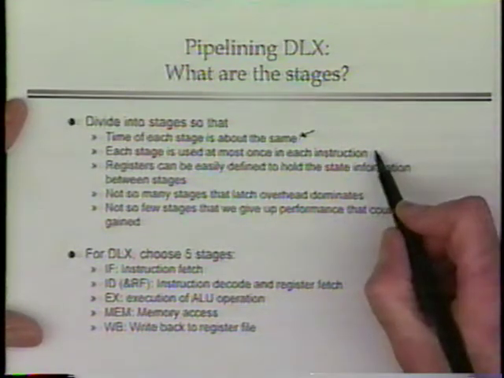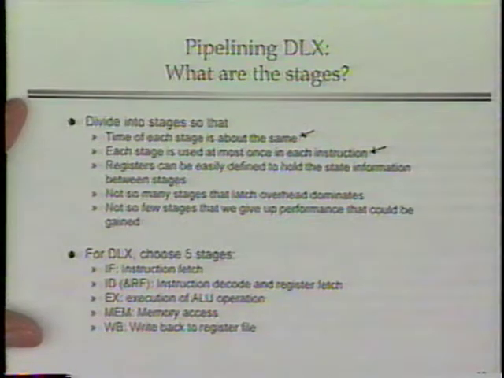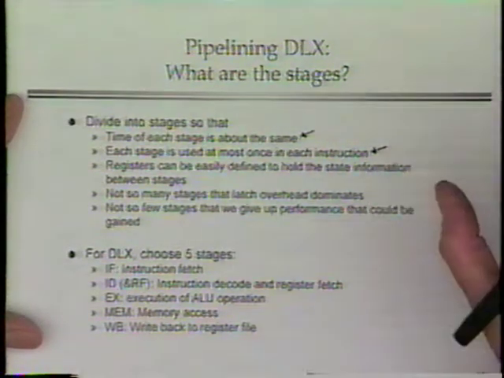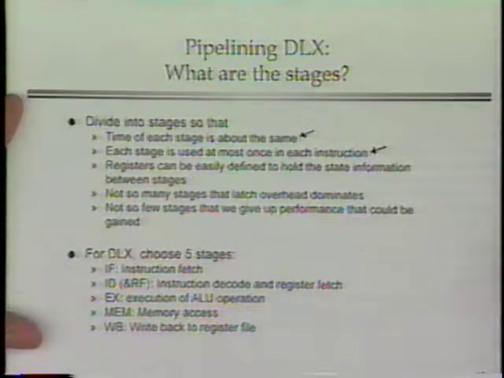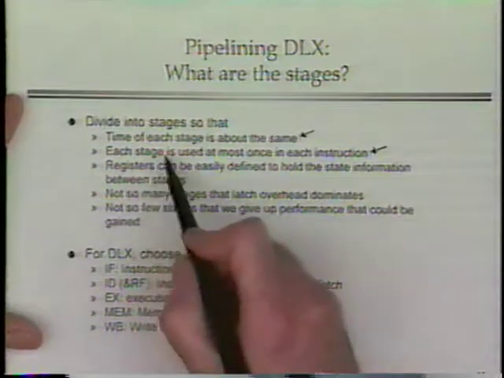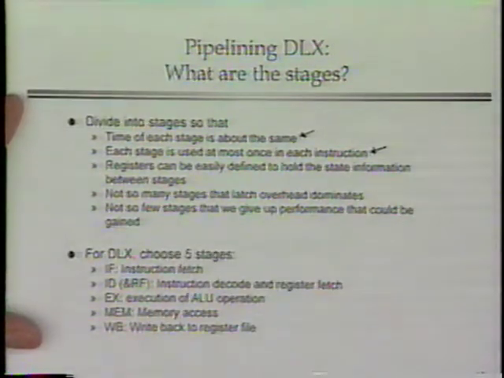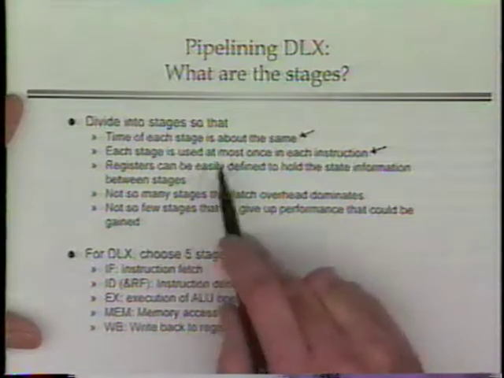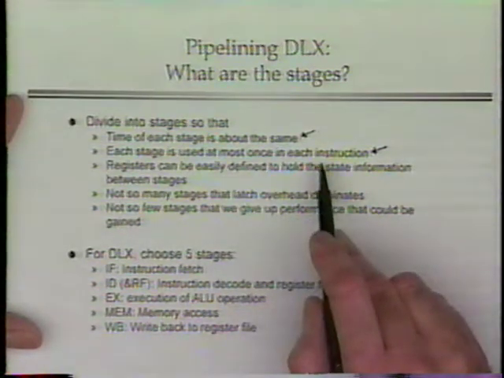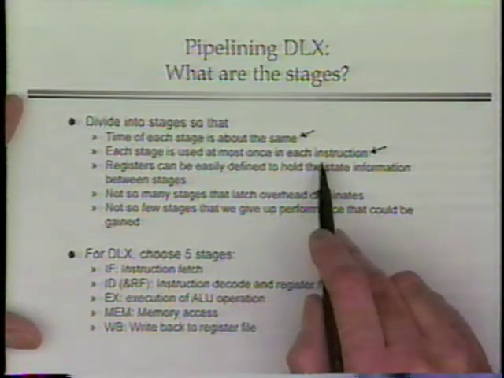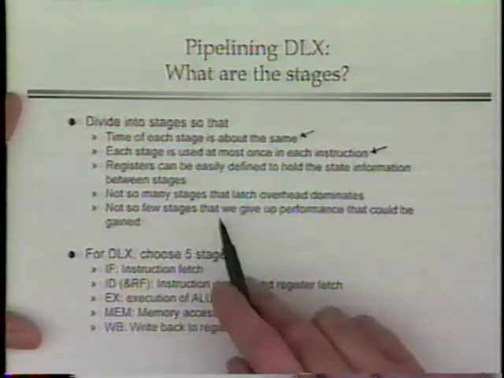The other is that we need each stage to be used at most once in each instruction, because otherwise two instructions that are in different stages might be trying to use the same stage or the same resource. There can be stages that don't get used in some instructions. If it's not a load store instruction, for example, there might be a stage that accesses main memory, but a particular instruction will choose not to use it.